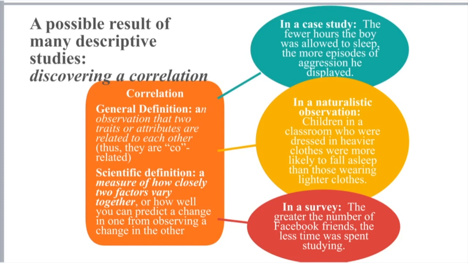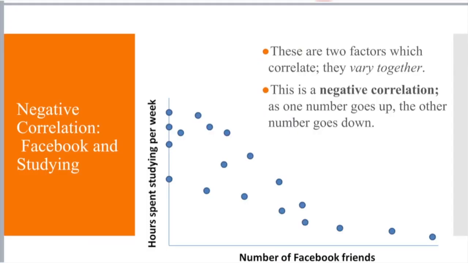So as we know, correlation is looking at the relationship between two events or attributes or traits. This particular graph is showing us a negative correlation, right? The higher number of studying hours per week on that y-axis corresponds to fewer friends on Facebook. As one number goes up, the other number goes down.